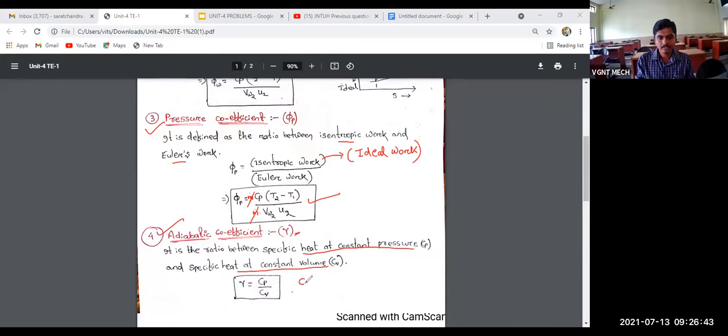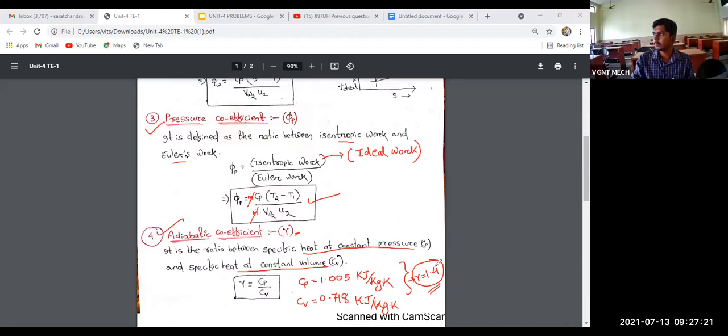Cp value is 1.005 kilojoules per kg Kelvin, and Cv value is 0.718 kilojoules per kg Kelvin. If we take the ratio, 1.005 divided by 0.718, we get a gamma value of approximately 1.4.